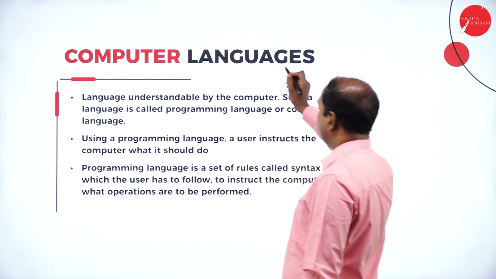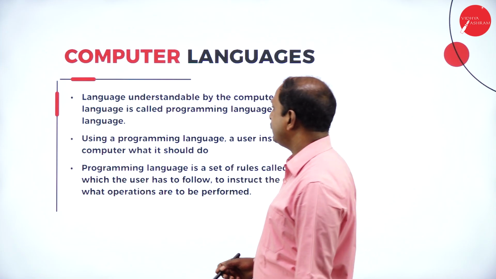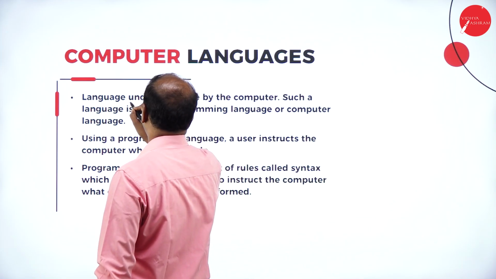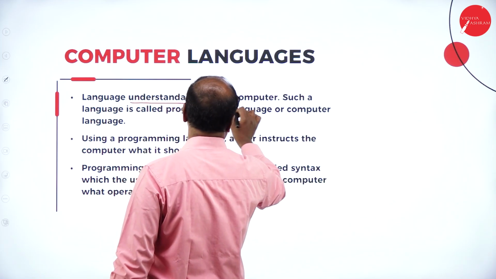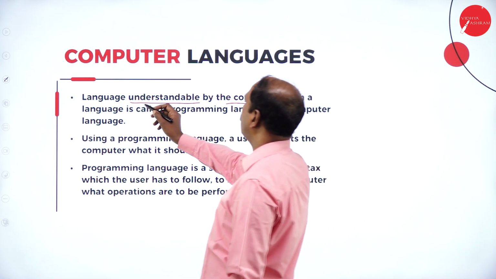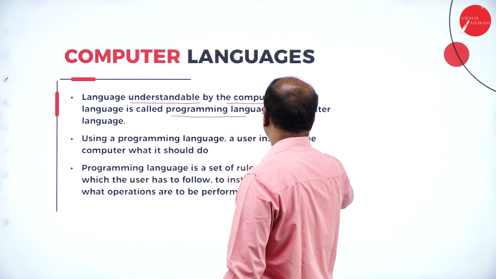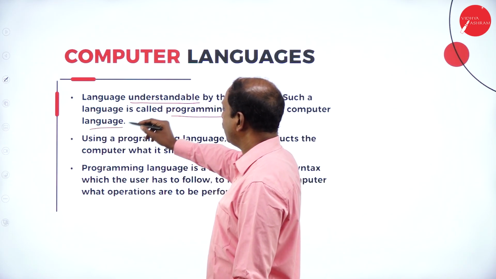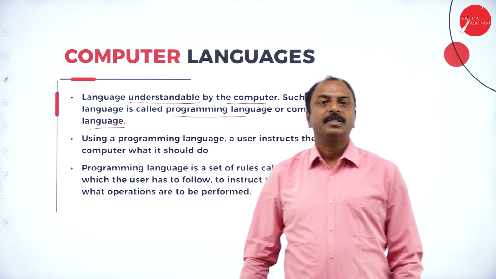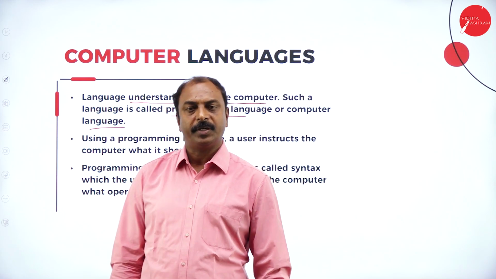Now, if we talk about a computer language, a computer language is a language which is understandable by the computer. Such a language is called a programming language or computer language. Actually, what is the meaning of language? In general, we say language is a medium of communication.